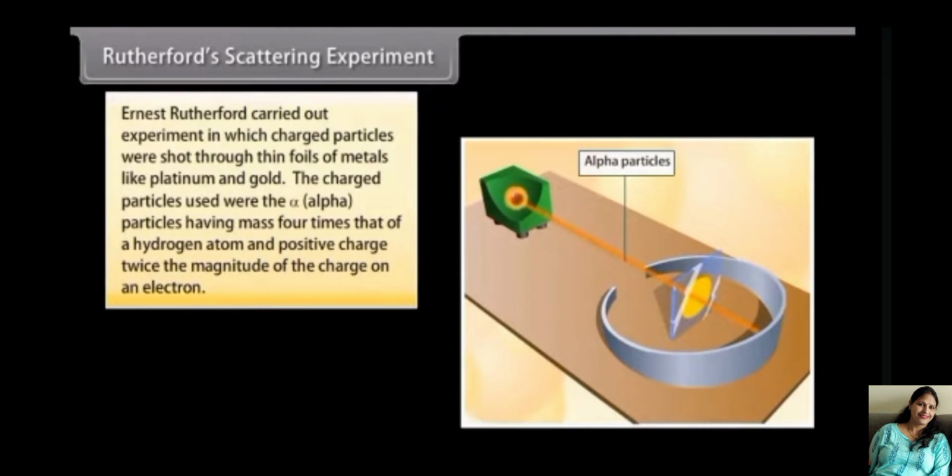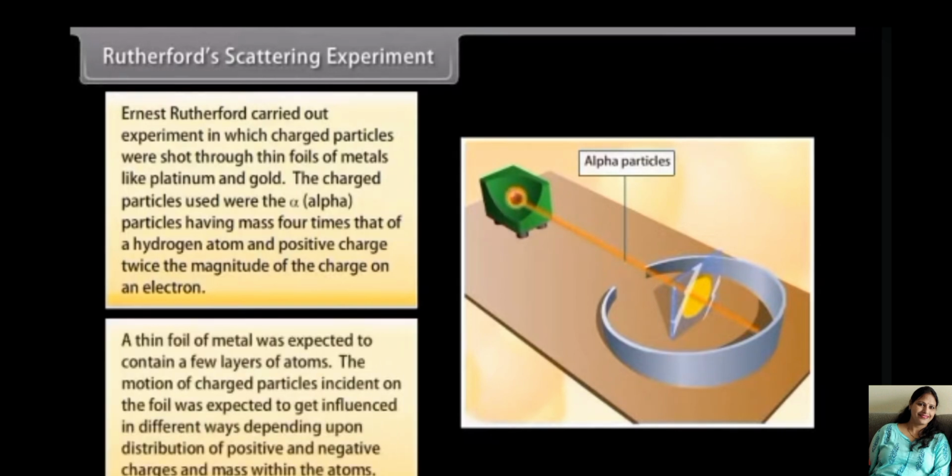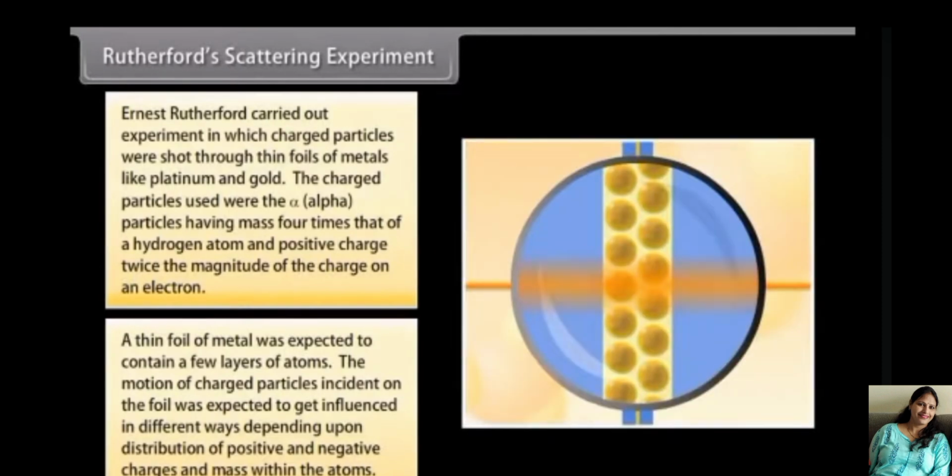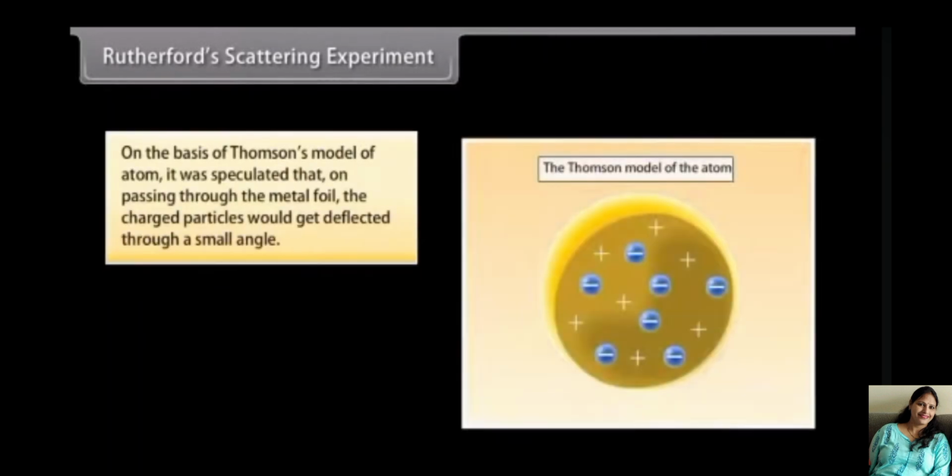The charged particles used were alpha particles having 4u mass. A thin foil of metal was expected to contain a few layers of atoms, and the motion of charged particles incident on the foil was expected to get influenced in different ways depending upon the distribution of positive and negative charges.